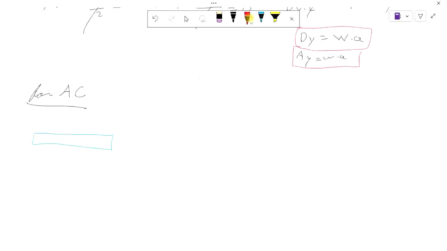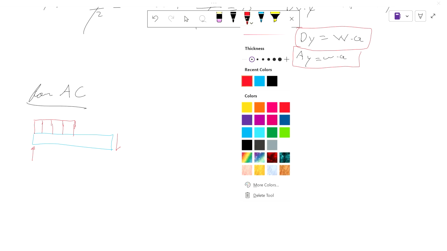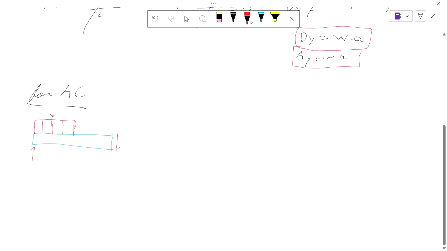There's no forces in X, there's only one force in A, which is AY, and then we have the distributed force. And that distributed force, remember, is W, and this region right here is A.